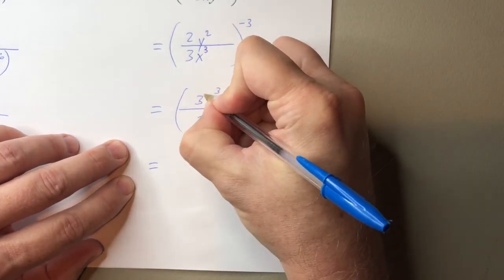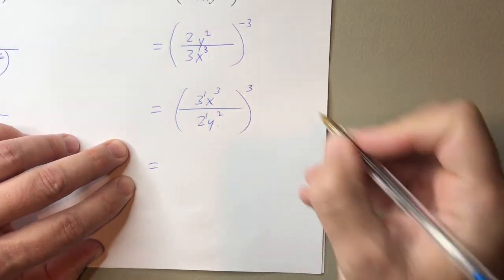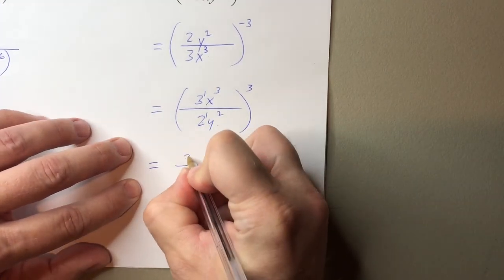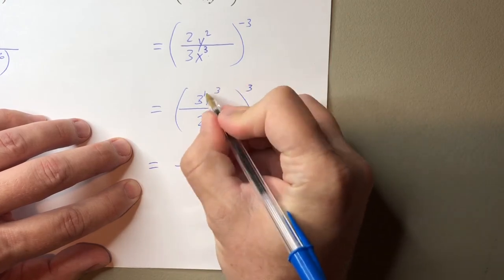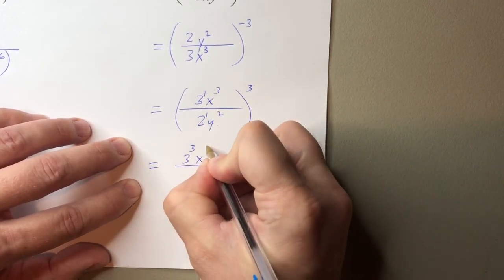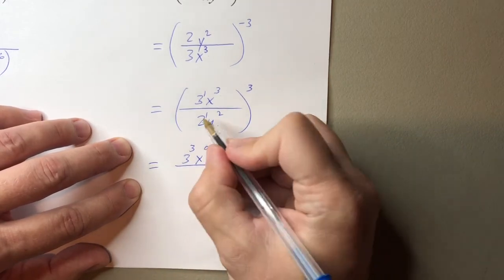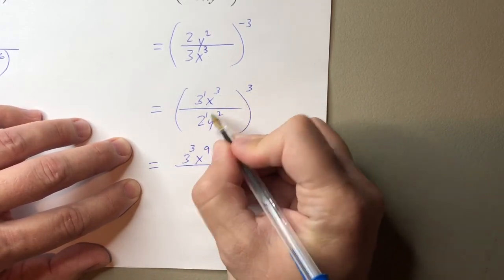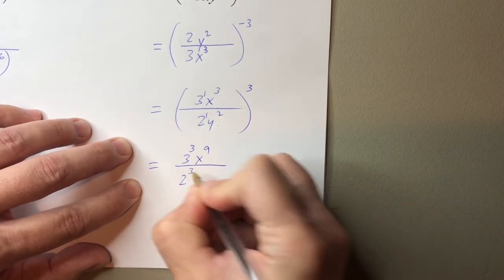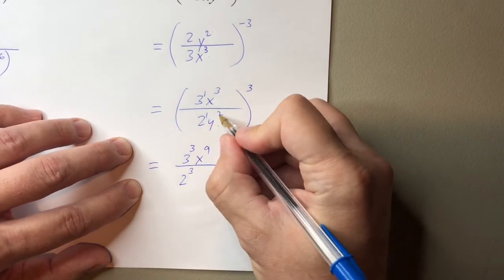So understand, this is really 3 to the first. This is really 2 to the first. Okay? So what do we get? We get 3 cubed. X to the power of a power, we multiply, x to the 9th. Then we get 3 times 1, 2 cubed. Then we get y squared cubed.